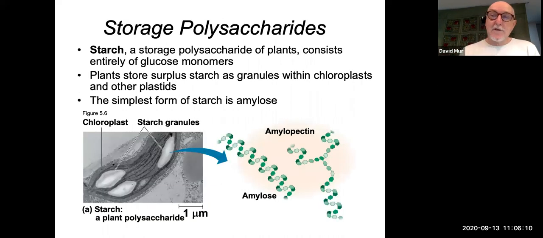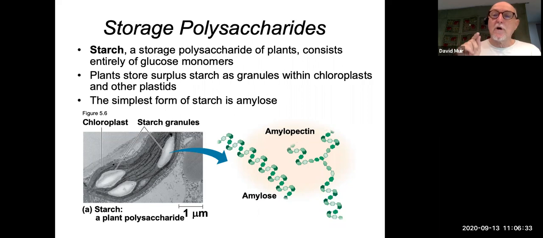So the first one we're going to talk about is important because this is the major plant storage polysaccharide, and it is starch. And starch is a very stable polysaccharide. It's actually largely insoluble, and it consists entirely of glucose.